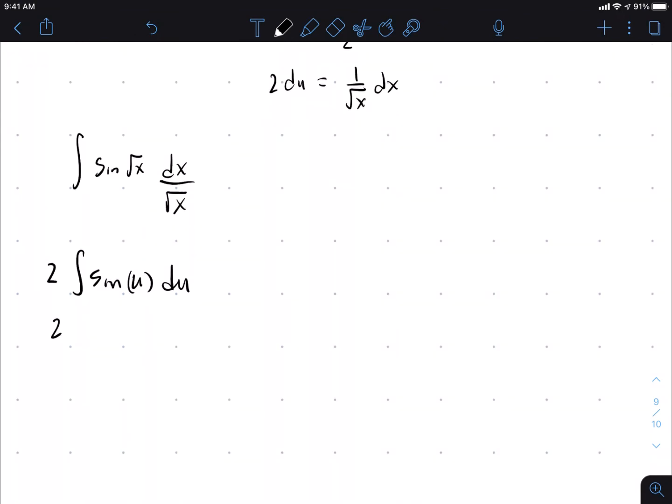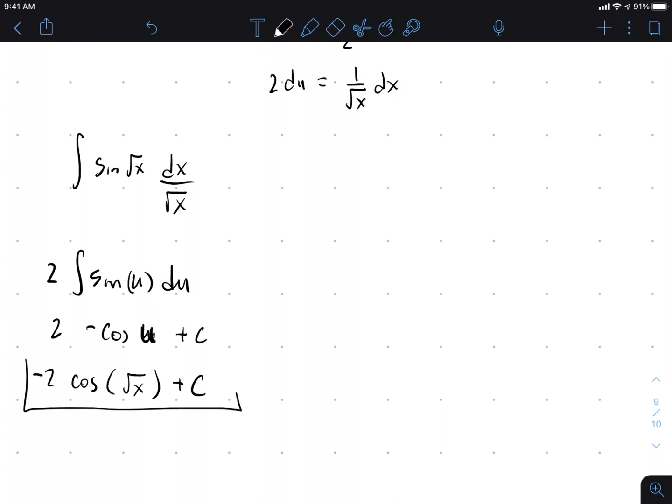Negative cosine of u, right? Plus some constant c. So I'm going to get negative 2 cosine, and I believe our u was root of x, right? So the innermost function that I used was the root of x.